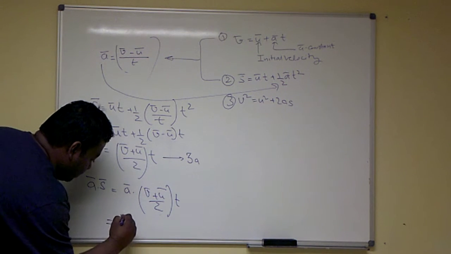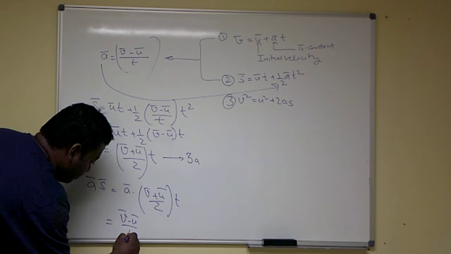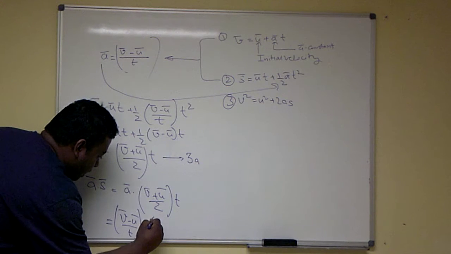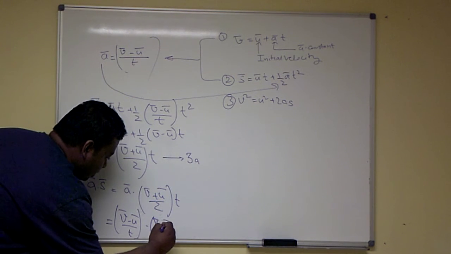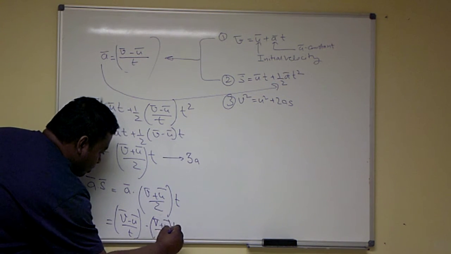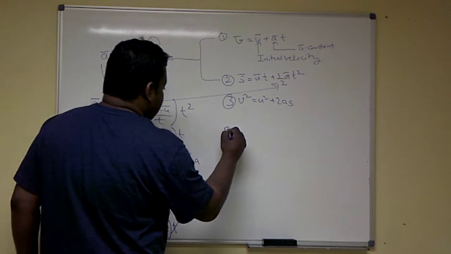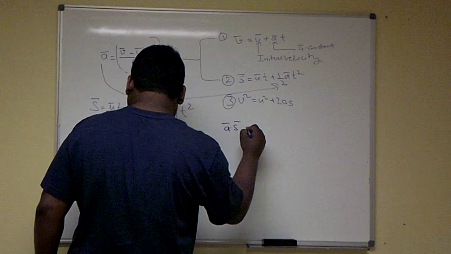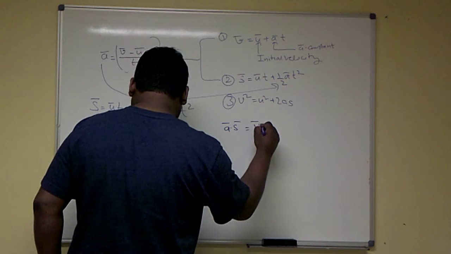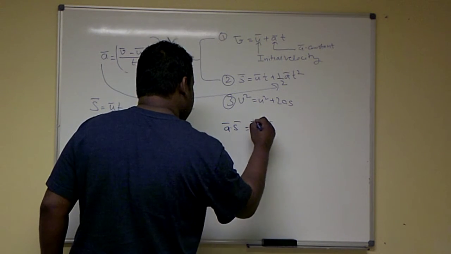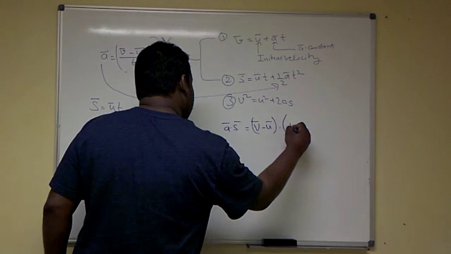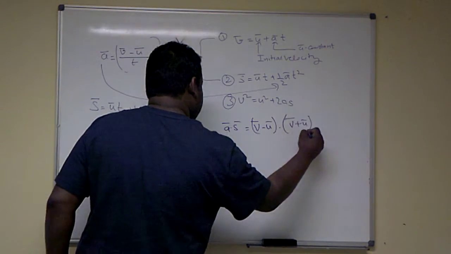So we'll write this a vector again as v vector minus u vector divided by t, dot v vector plus u vector over 2 times t. The t and t will cancel and we'll get a dot s as v vector minus u vector dot v vector plus u vector.